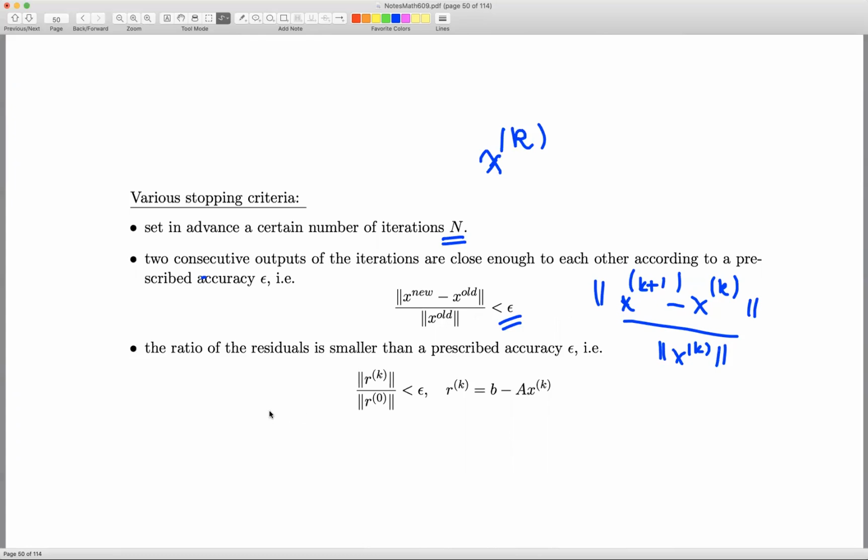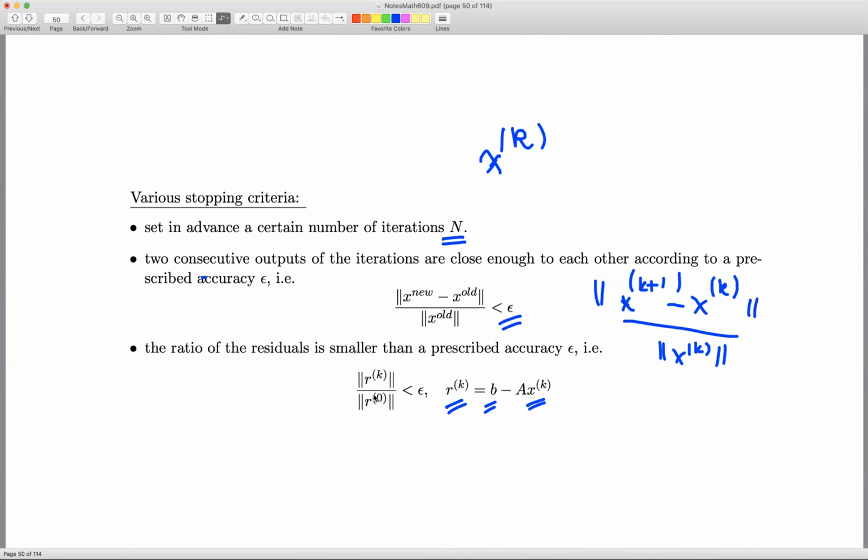Or you can look at the residuals. Remember that the residual at step k was the right hand side minus A applied to the output at step k. It measures by how much xk fails to satisfy the system, and you stop when the ratio of the residuals is smaller than a prescribed accuracy.